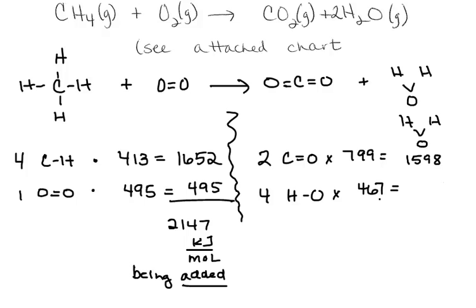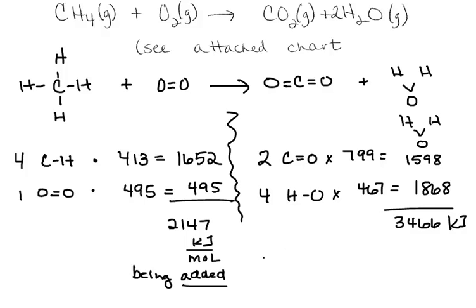Okay, so 4 times 467, I stopped there for a second. 1,868. Total that up, and I get 3,466. So that means it took 2,147 kilojoules to break the bonds, and then 3,466 kilojoules were given off when we reformed the products.